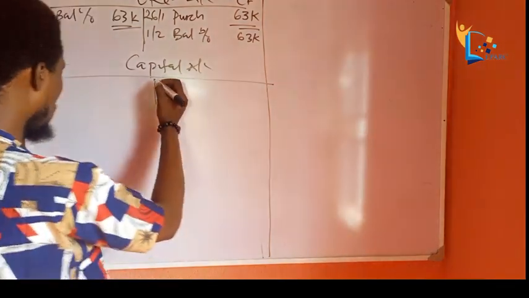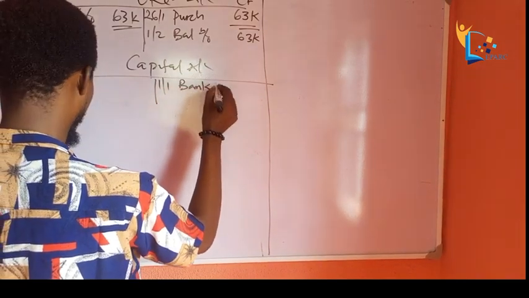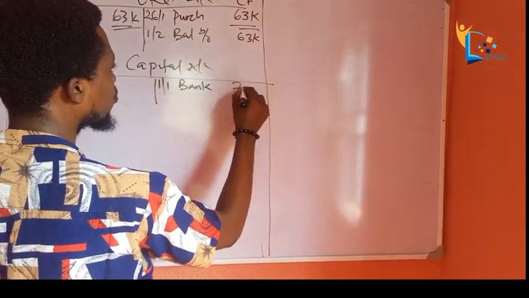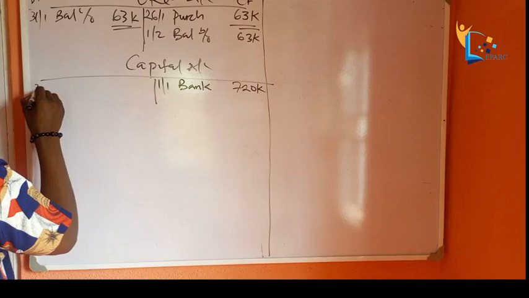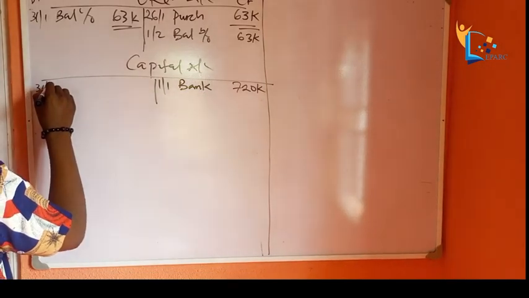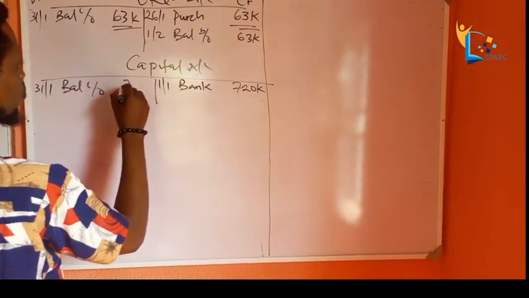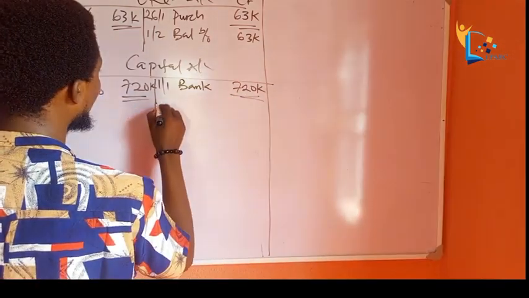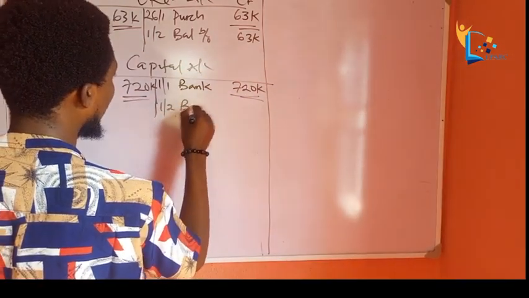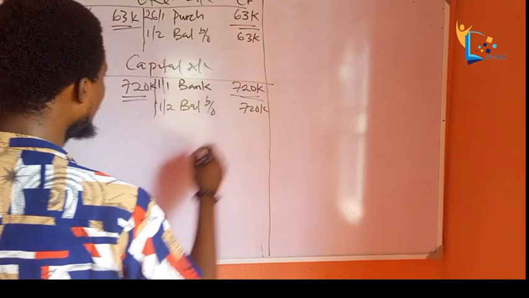So on the 1st of January, we have bank, 720K. I think that's the only transaction. Then 31st of January, we have balance carried down, which is 720K. So 1st of February, balance brought down 720K.